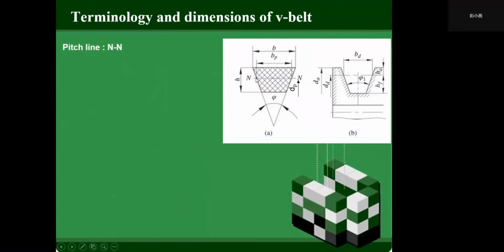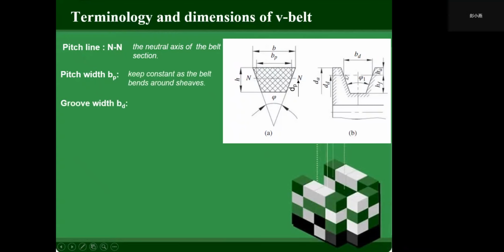The pitch line, which is designated as N, is the neutral axis of the belt section, and the width of pitch line, or the pitch width, BP, keeps constant as the belt bends around sheaves.